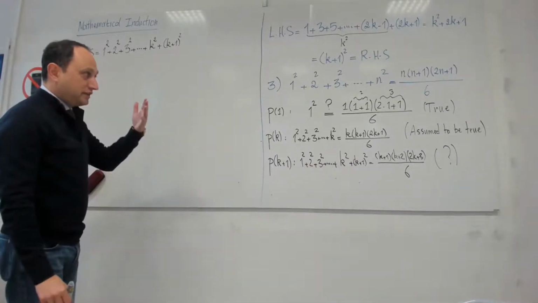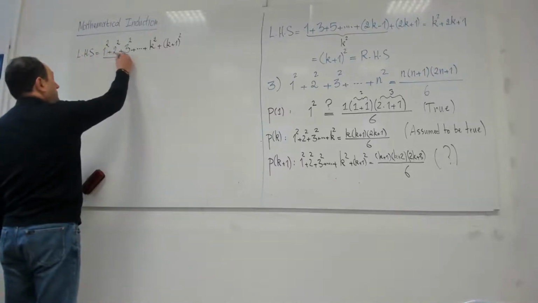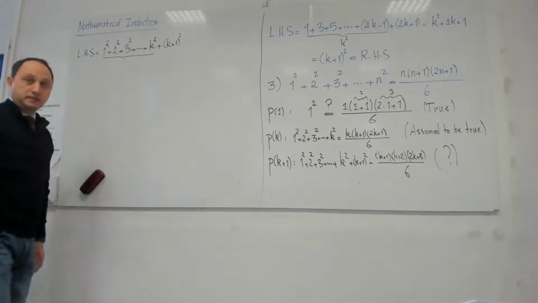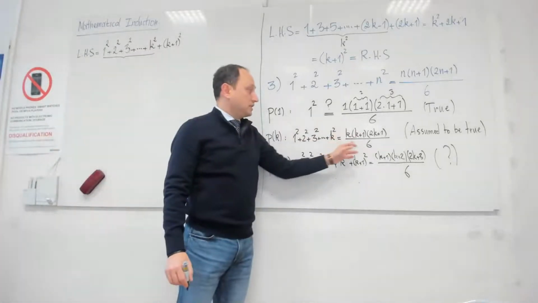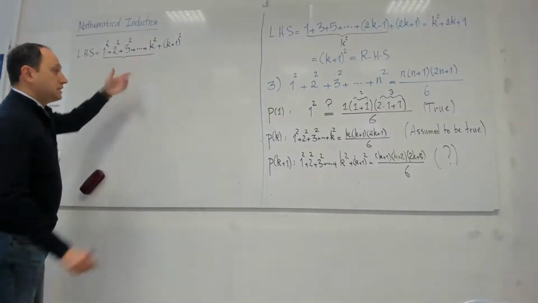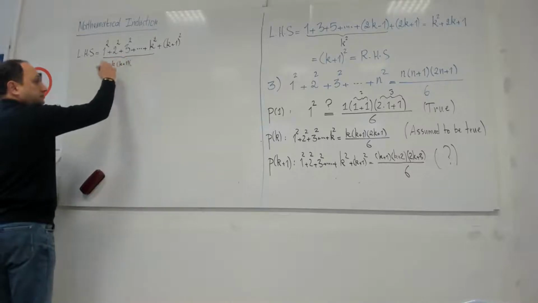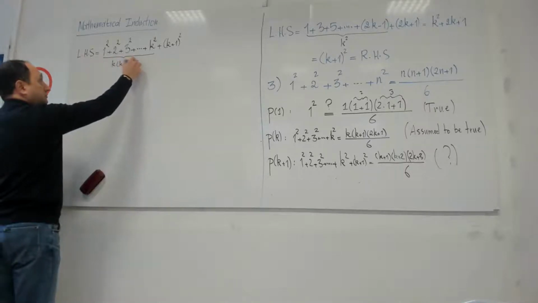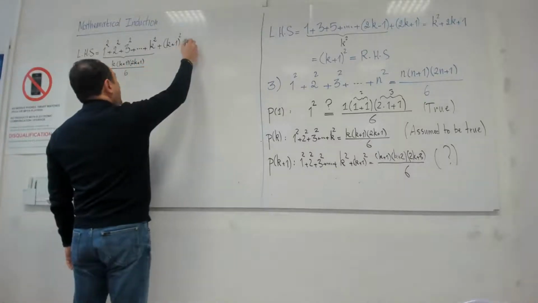The power of induction comes actually from this point. I don't need to be worried about this hard part. The hard part, by assumption, is this. Okay? So what I need to do is just replace this with that expression. And then what is left for me is just simple algebra.